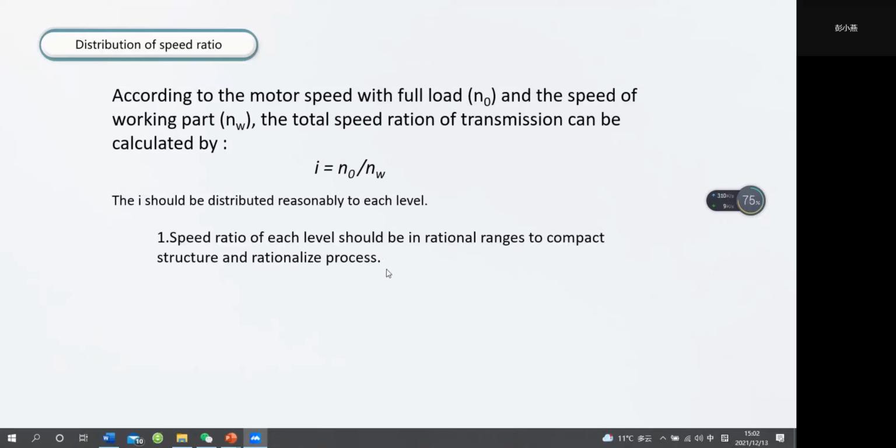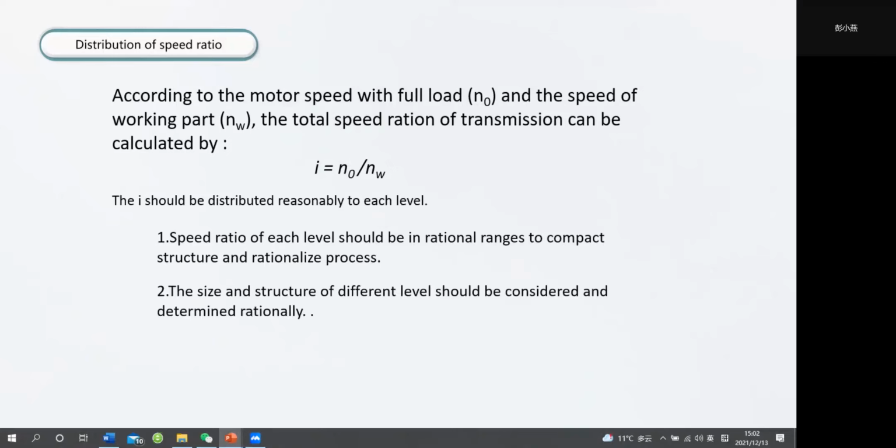We should consider that first, the speed ratio of each level should be in a rational range to give a compact structure and a smooth process, and the recommended speed ratios are shown in table 10-1.